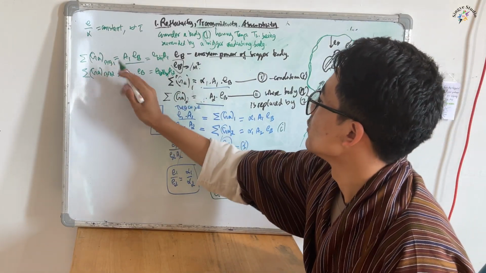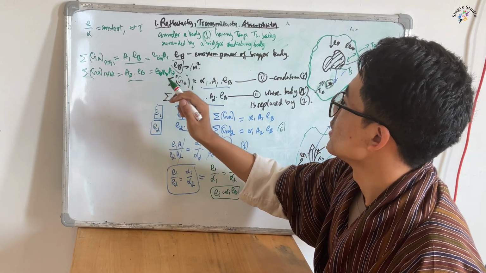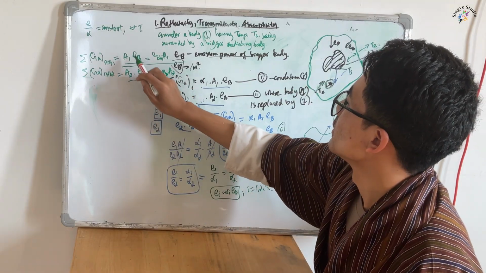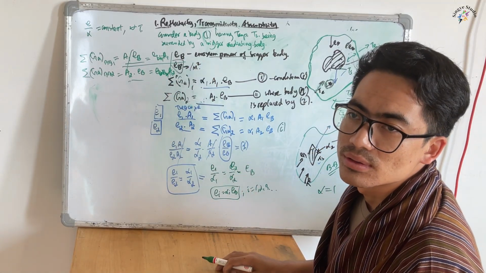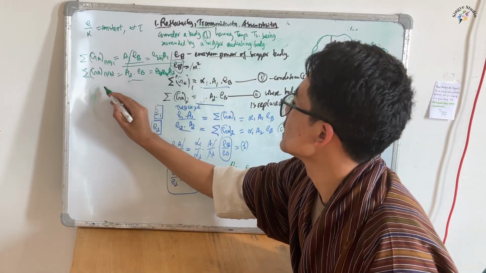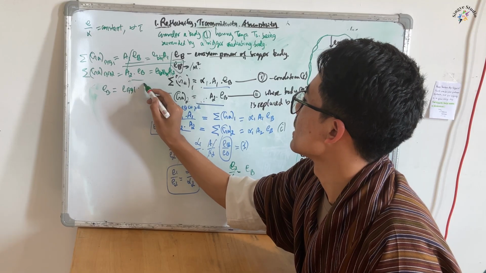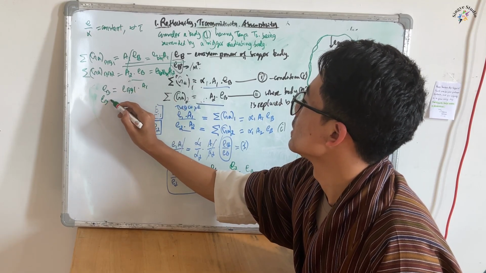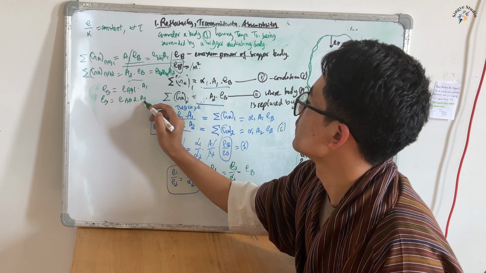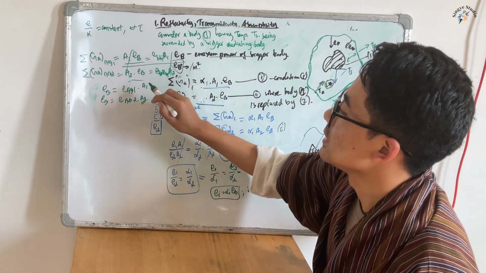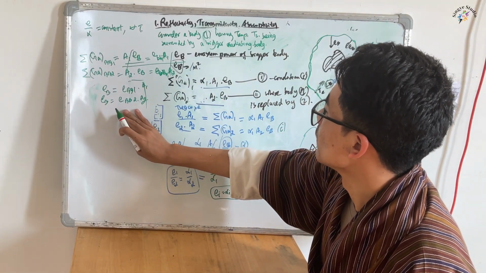When you divide, area 1 and area 2 get cancelled. So this, this and this are getting cancelled off, right? So you are getting E_B equals E of black body 1 times area 1, and E_B equals E of black body 2 times area 2. And then this area also got cancelled from this. Yes?